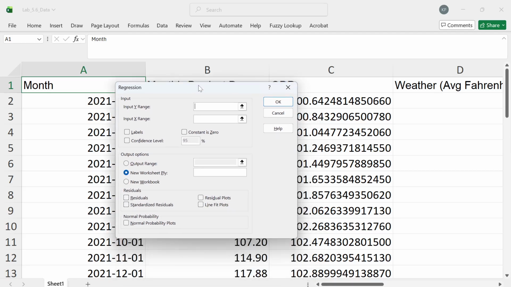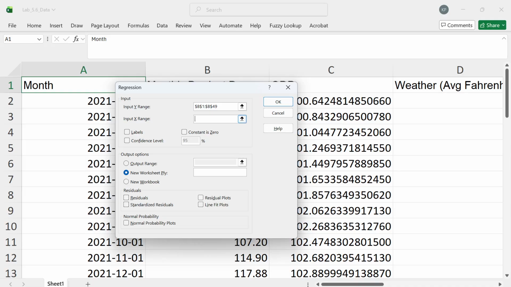So column B is the dependent variable, $B$1 to $B$49, since the last record is 49. This is the dependent variable.